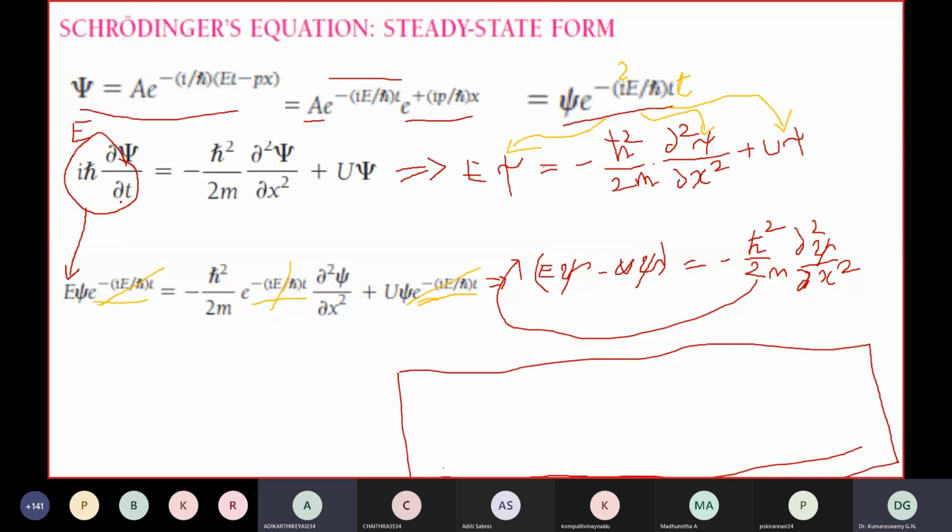I understand. Whenever there is i h cross dou by dou t in quantum mechanics, that is equivalent to the energy operator. You will understand that maybe in the next slide. To simplify things, I have straight away taken it as E. There is nothing wrong in that. You don't have to differentiate. Yes, it is an operator, which you will understand later. So it is equivalent to E, from the previous equation I have shown.